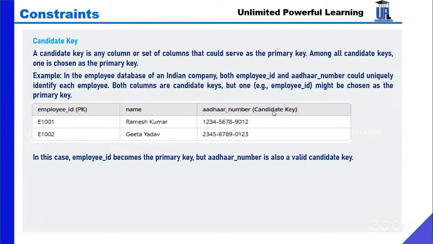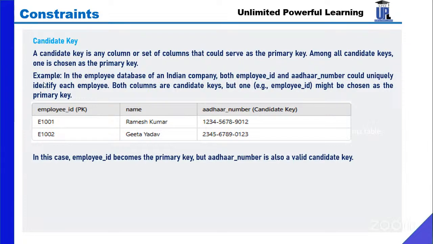That means it has all the eligibility to become a primary key. For example, sometimes when you go for a job, you have all the eligibility, but unfortunately only one post is there and only one person gets selected. So the person who got selected is the primary key. The persons who are not selected are candidate keys.